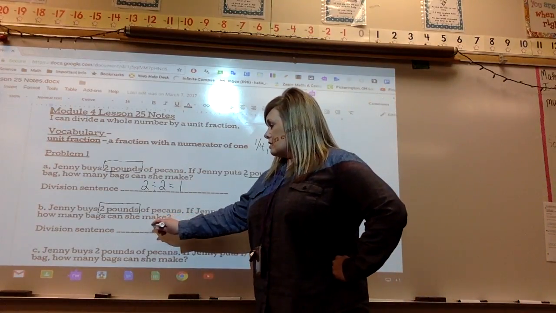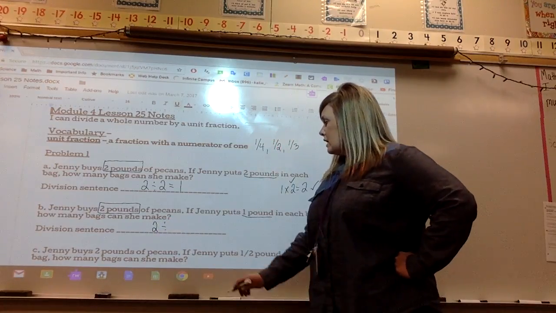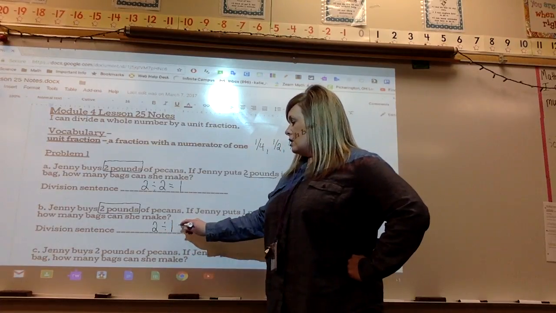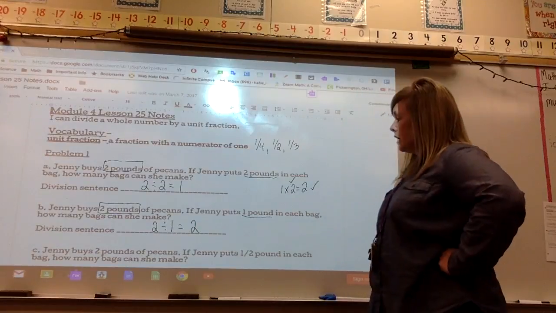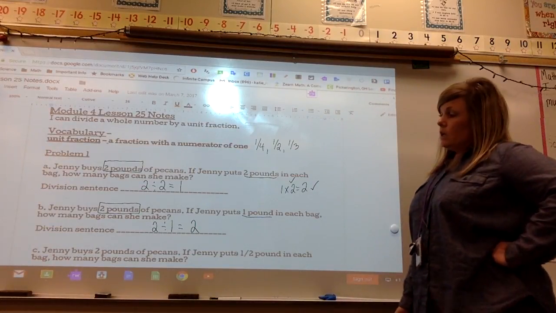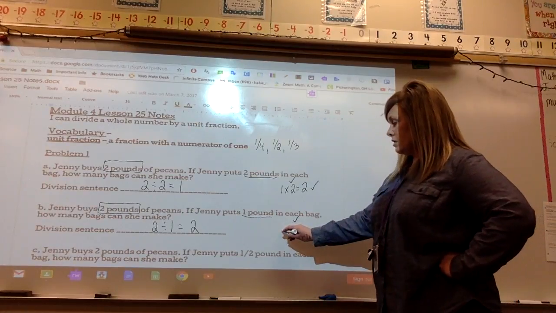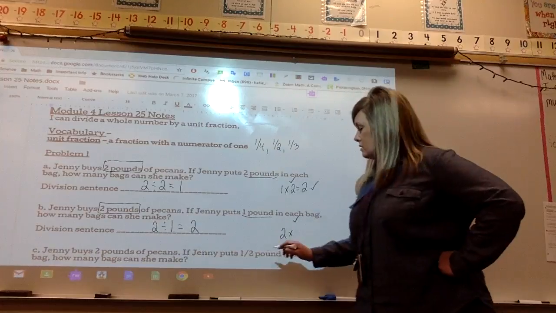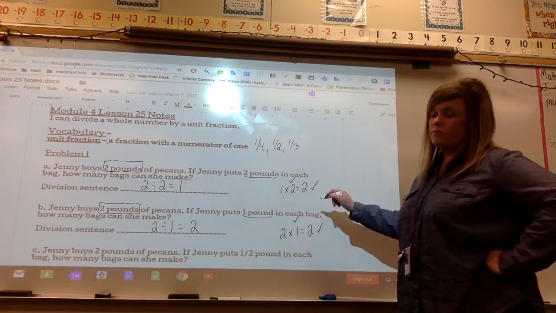So our division sentence is going to be the 2 that we started with divided by the number of pounds in each bag, and 2 divided by 1 is equal to 2. Let's check it. Our answer, 2, times our divisor, 1, should equal our dividend, which is 2.